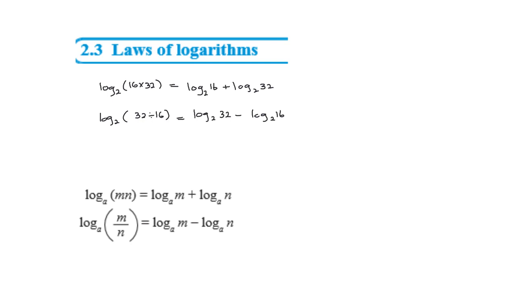In general, we can write log A, where A is the base, of mn equals log A m plus log A n. Log A of m over n equals log A m subtract log A n. These two laws are very important when you are solving logarithm calculations.